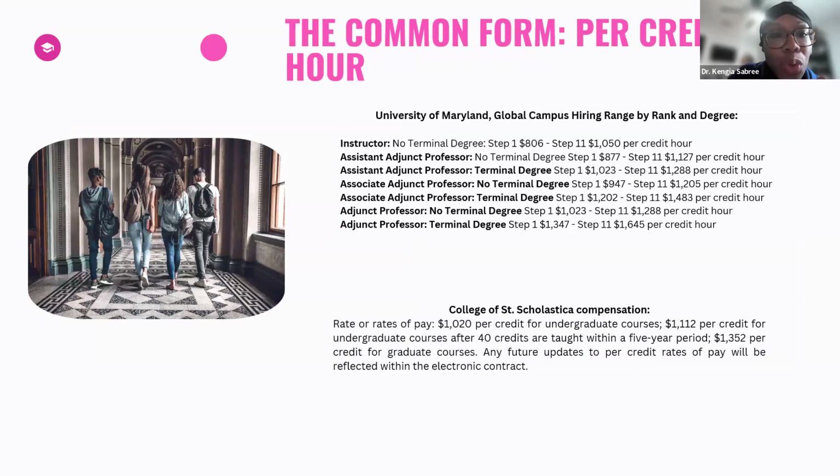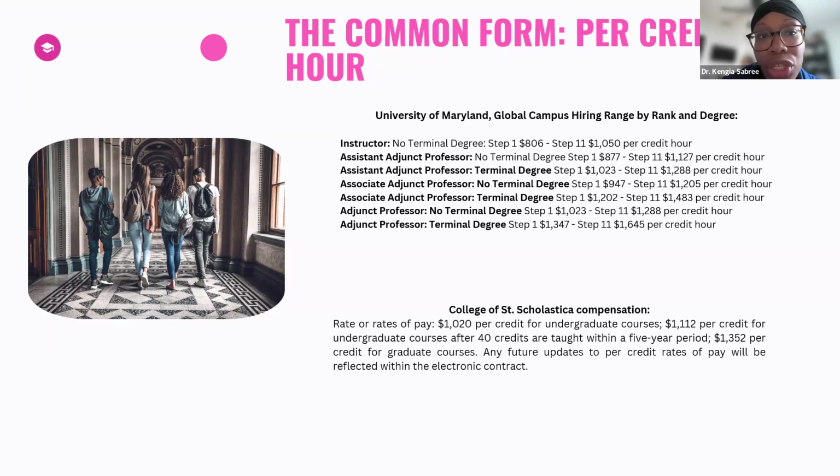All right, so the next one is going to be per credit hour. We have two examples here for you. The first is the University of Maryland Global Campus. Dr. Copeman talked a little bit about terminal degrees. You can see how the University of Maryland showcases their pay ranges based on rank.